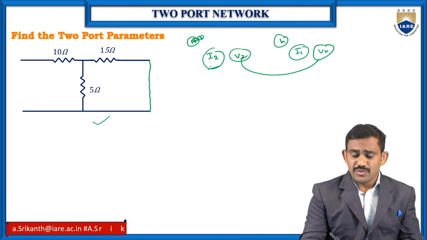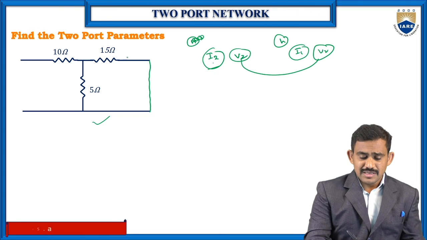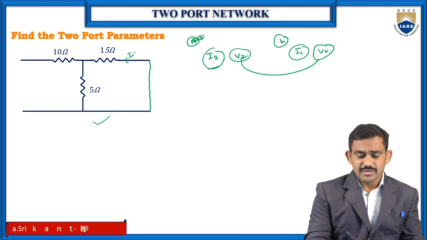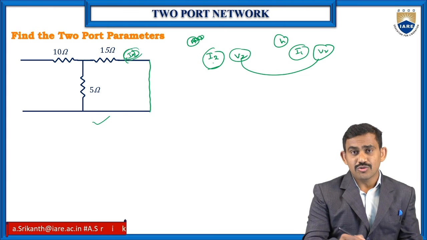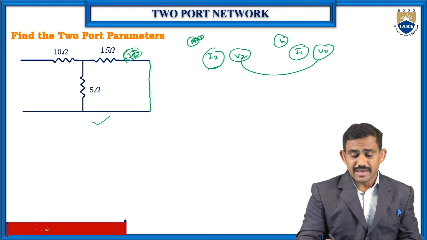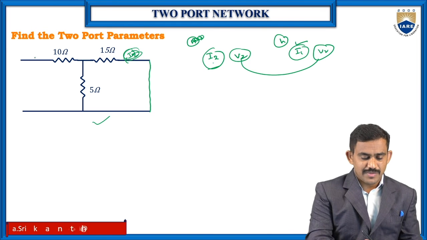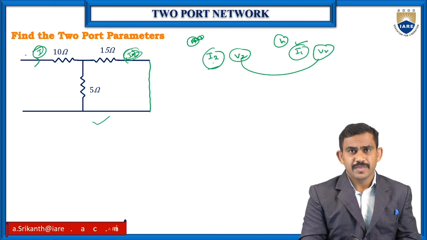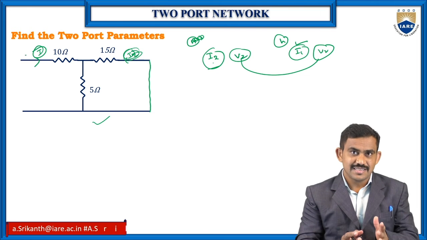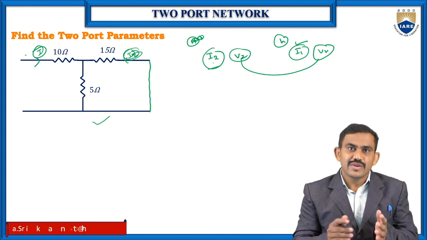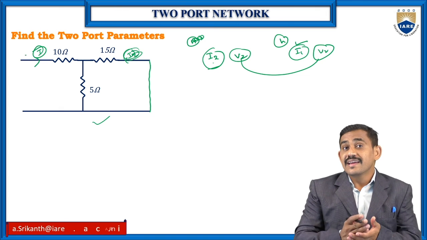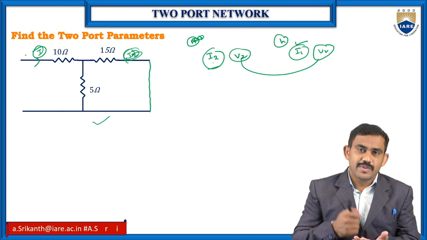Coming to I2 is 0, it means the secondary side is open, so we have Z parameters. From Z parameters, we know I2 is 0, and how to find the remaining values. And I1 also 0 means the primary side is open. If you know the conditions, it's very simple, and if you know the equations also, it's very simple. In any manner, you can find these two-port network parameters.